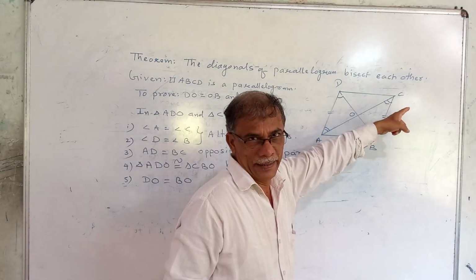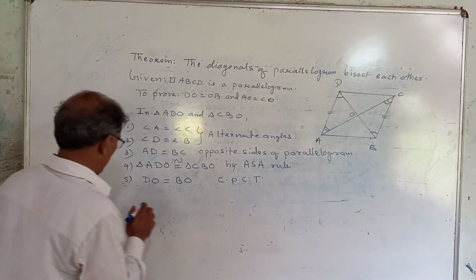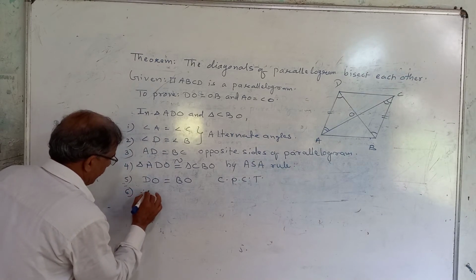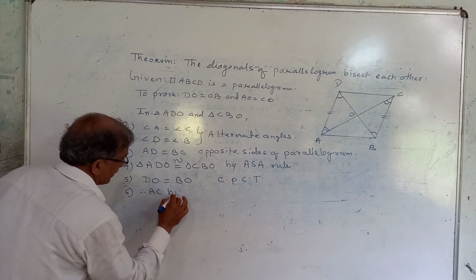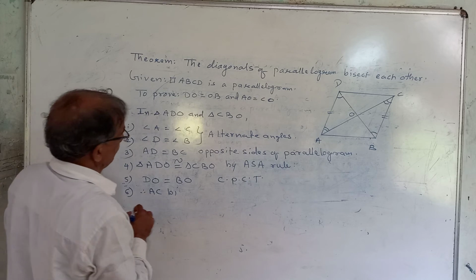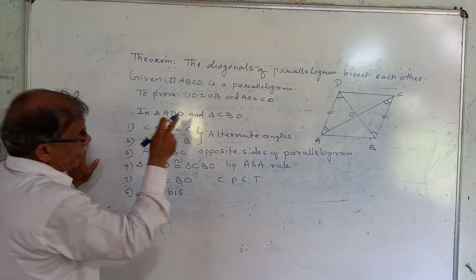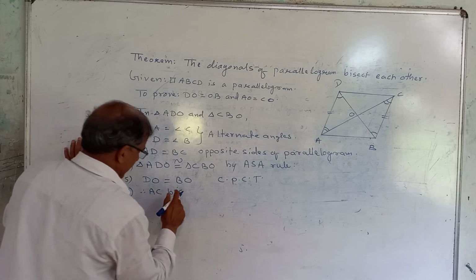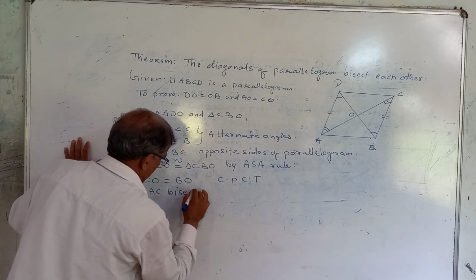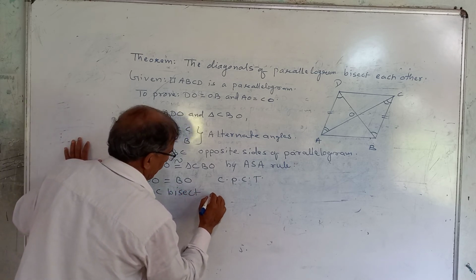By AC, isn't it? And therefore, we can write, therefore, AC bisects DB. The diagonal AC bisects DB.